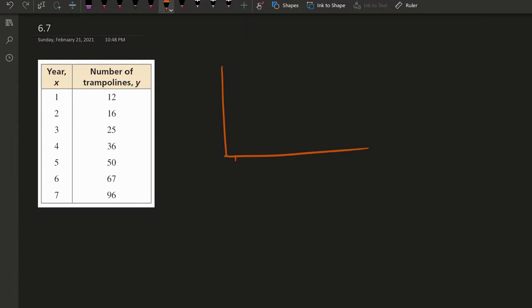If I had 1 at 12, and then 2 at 16, 3 at 25, 4 at 36, 5 at 50, 6 at 67, and 7 at 96, I see that it is going to grow in an exponential manner.